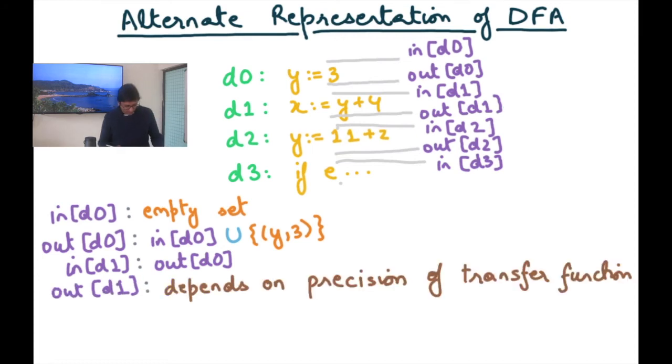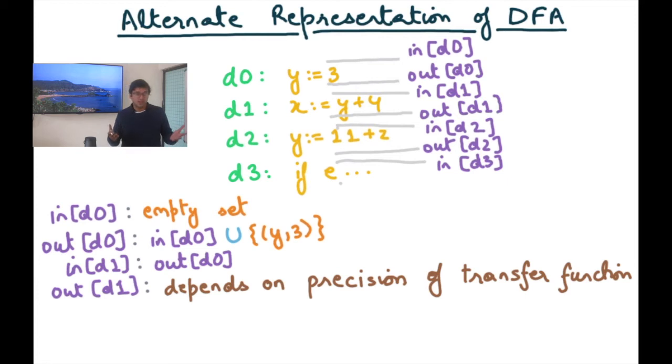So there are two options here, and the options depend on what precision of the transfer function we like. And that's a good thing about doing these things simultaneously, right? We can make things more precise. So apart from the fact that we can make things more efficient by using the set representation, we can also make things more precise because we can simultaneously reason about both x and y.